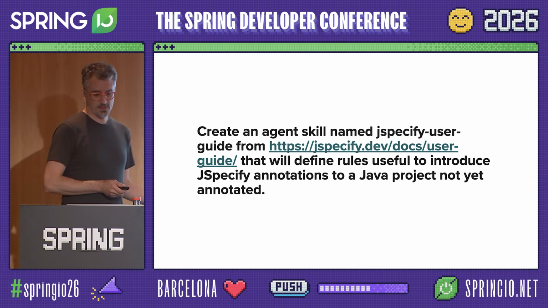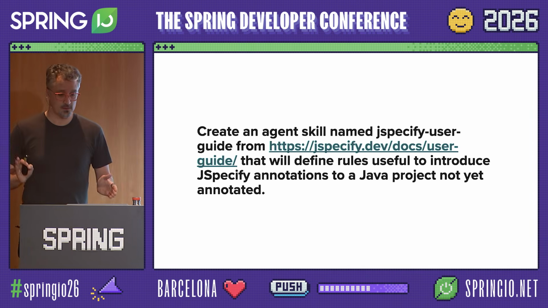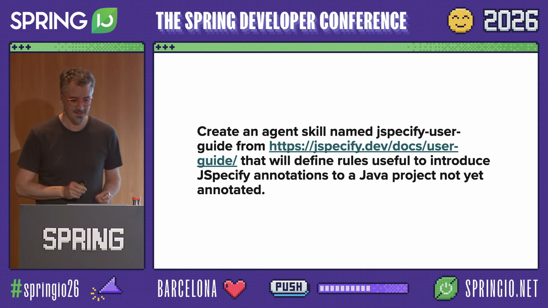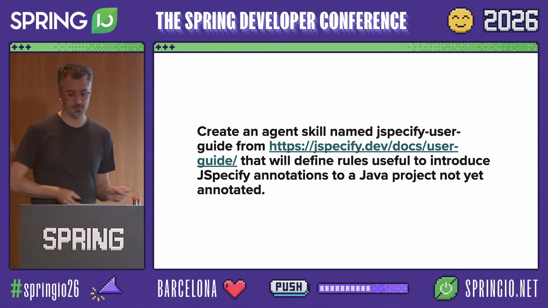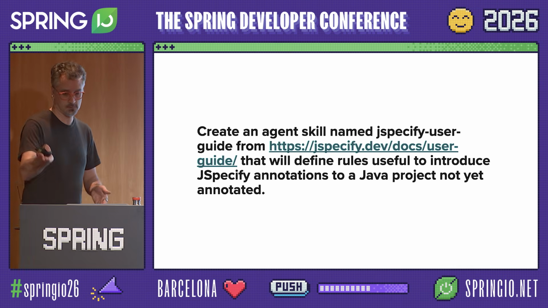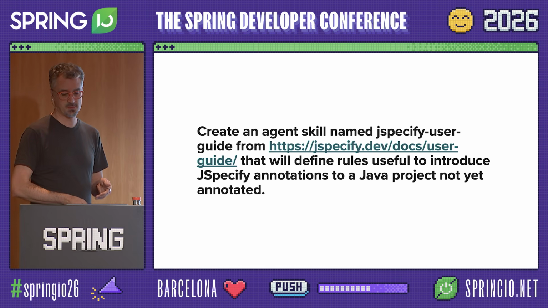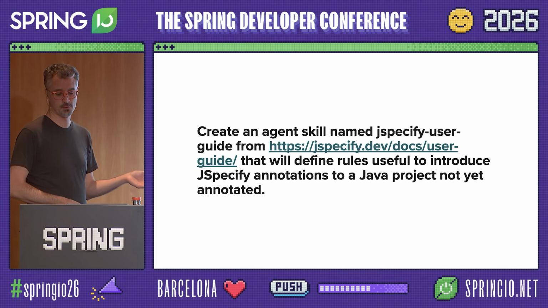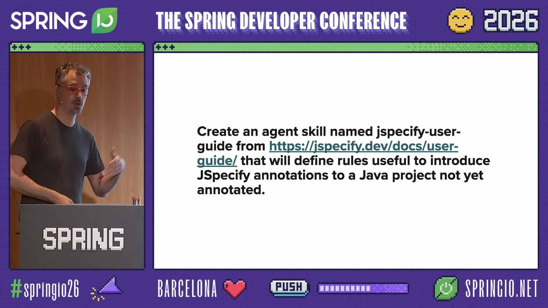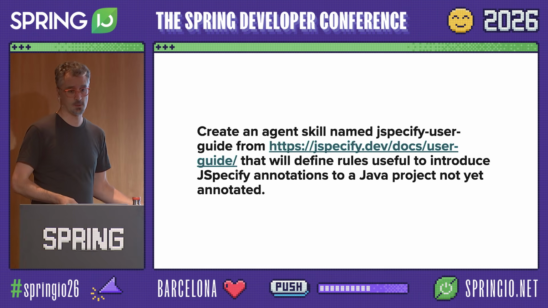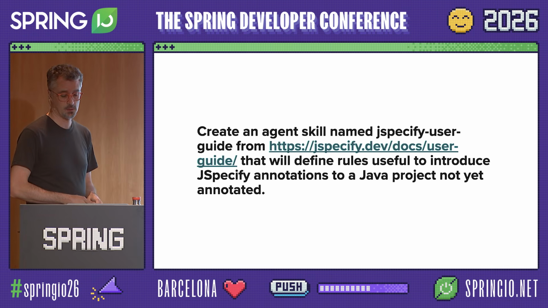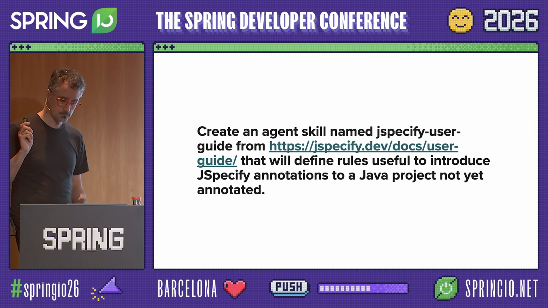So the first one I advise is something like, this is my prompt, okay? Create an agent skill named JSpecify user guide from the URL of the JSpecify user documentation that will define rules useful to introduce JSpecify annotations to a Java project not yet annotated. So it should create the related skill.